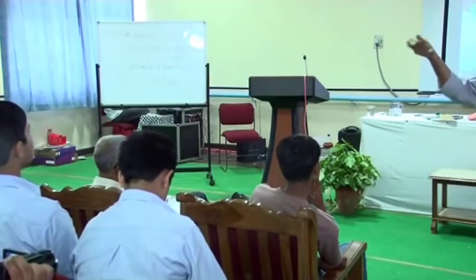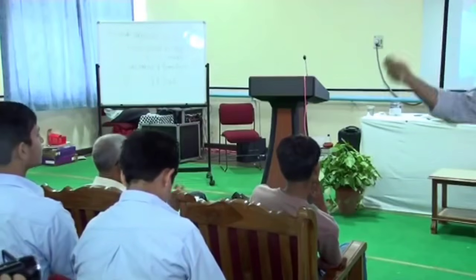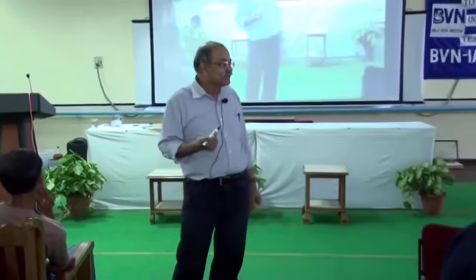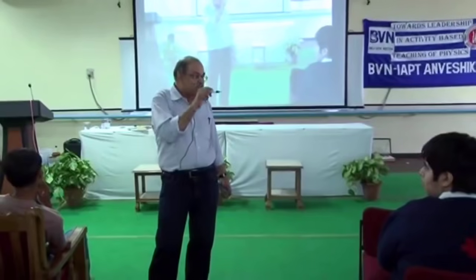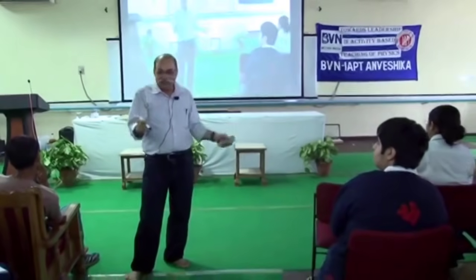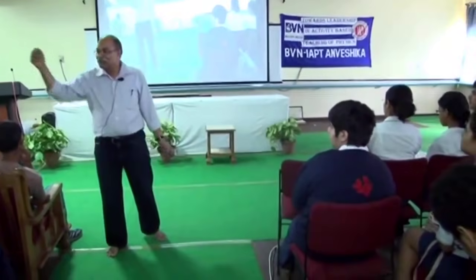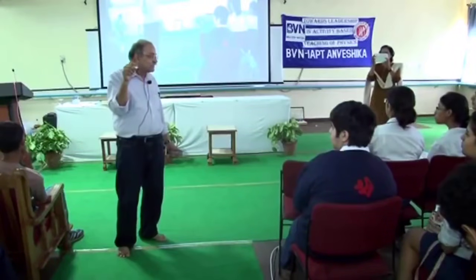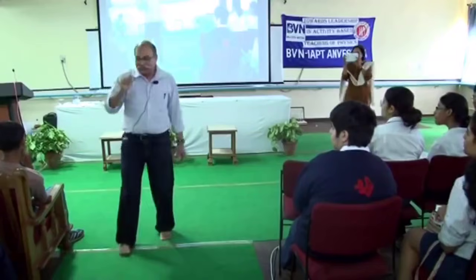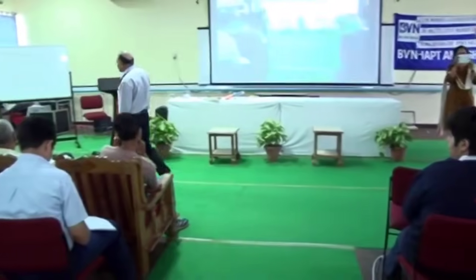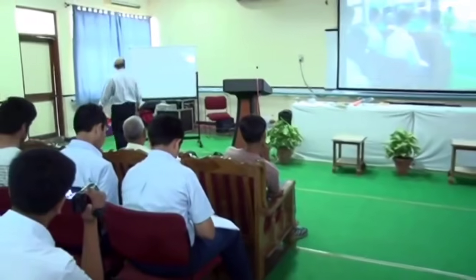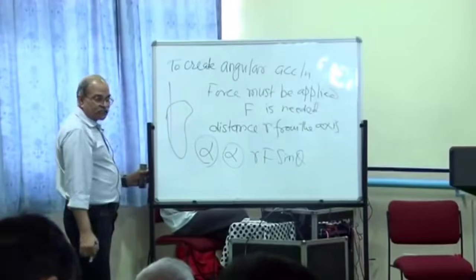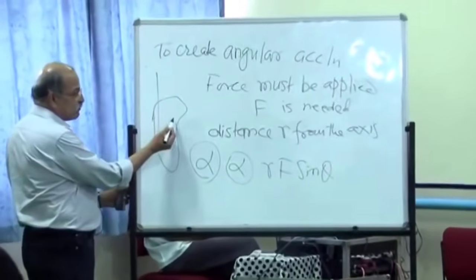Now remember any expression which has r, which has F, which has sine theta? Cross product. Cross product of two vectors, r vector and F vector, the magnitude of this will be r into F into sine theta. A vector cross B vector is AB sine theta. So if I write it in vector form, here is the rigid body, this is the axis of rotation, and then I take a particle.